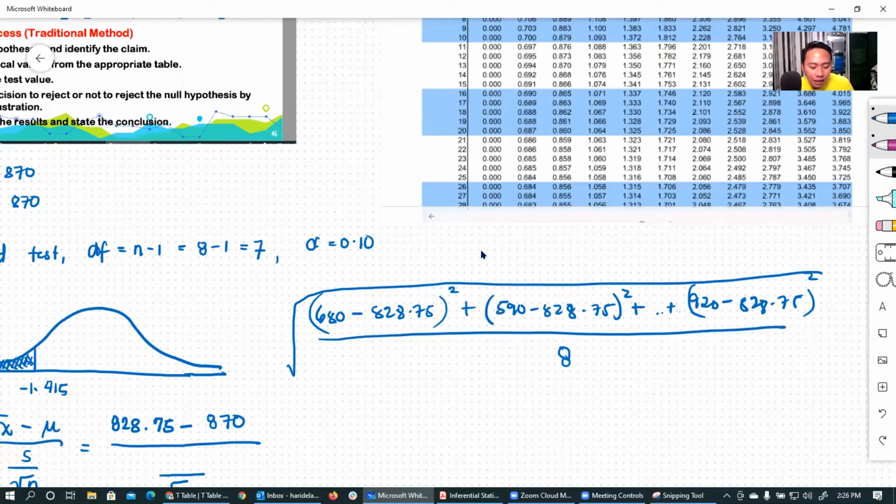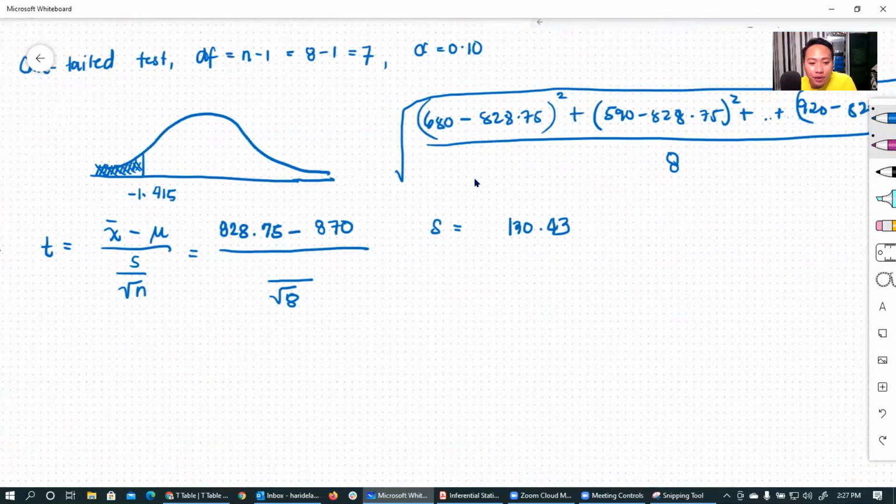So using my calculator, the sample standard deviation should be 130.43. So this is the value that we're going to be substituting here, 130.43.